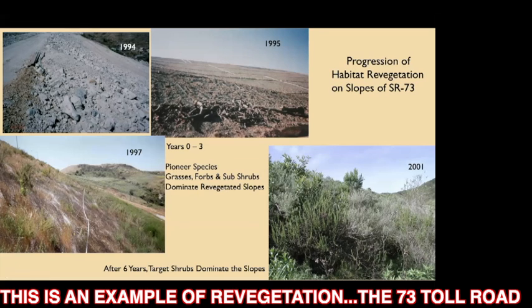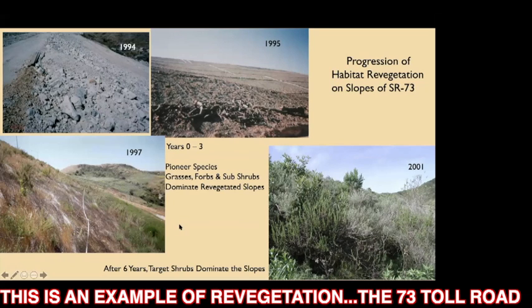All seeded at the same time, but what comes up is, in the first few years, just the pioneering species. And that's following a succession model based on observations from fire.